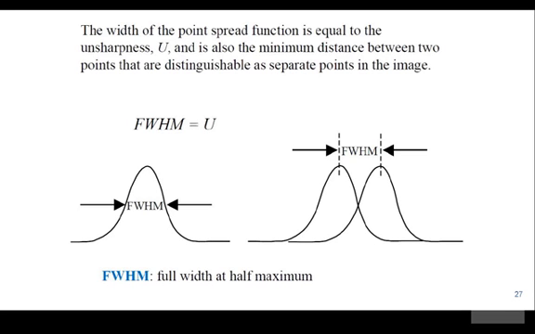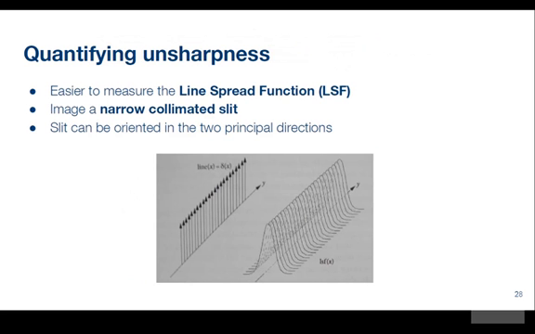So the full width half maximum of our response function or point spread function determines the ability to, I'm going to use the word resolve, because we're talking about resolution here, so the ability to resolve two small close objects, which are discrete separate points. If our response function is too broad, then we're not going to be able to separate them.